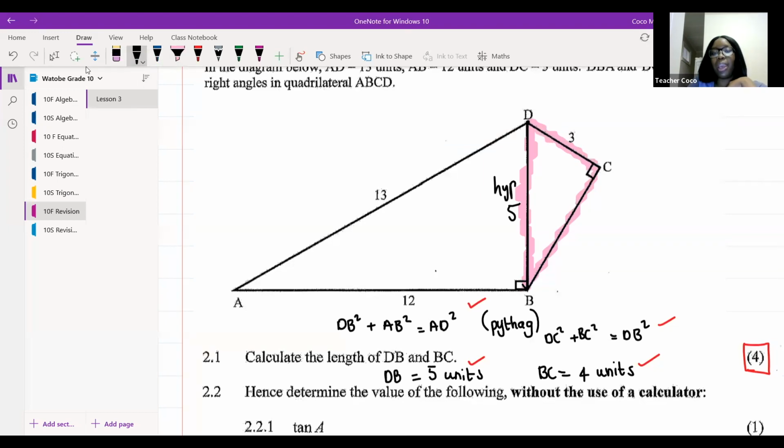And then I can use Pythagoras again to find my missing side, which is BC. So I've got 5 and I've got 3, and I can calculate for BC, which would then give us 4 units.